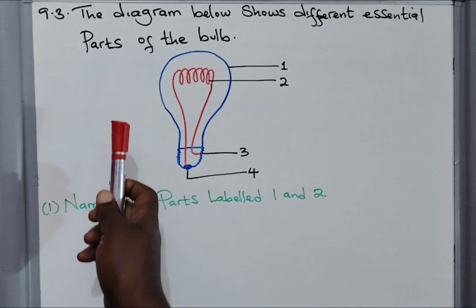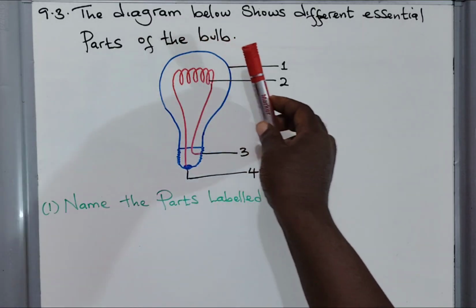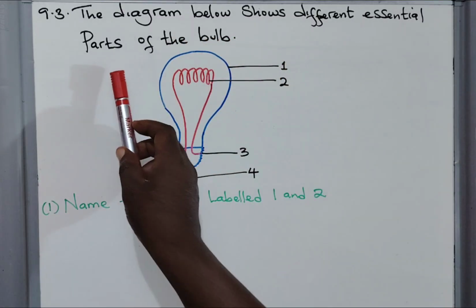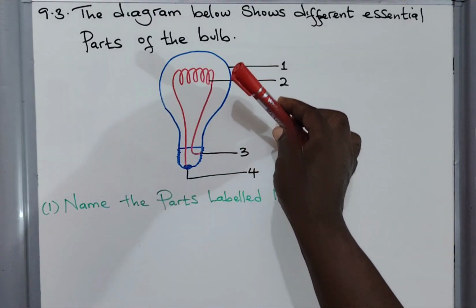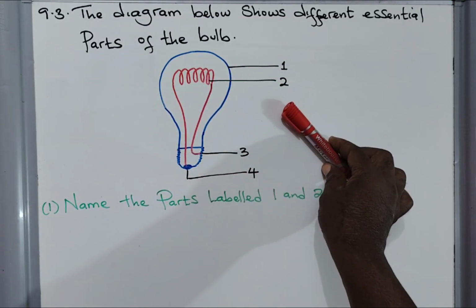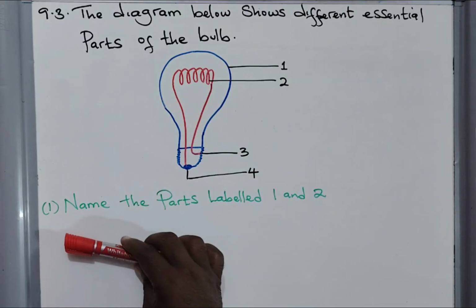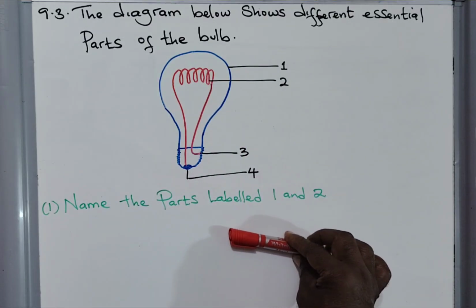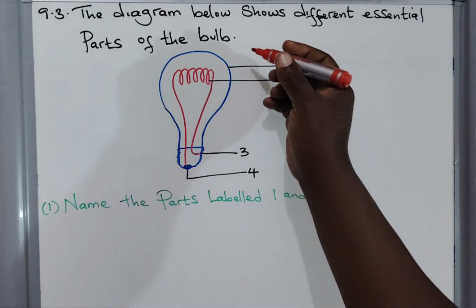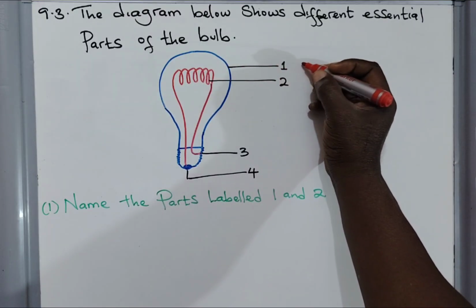So we come to this one. It says that the diagram below shows different essential parts of the bulb. This is what we have: an incandescent bulb. The question says, name the parts labeled 1 and 2. What is 1? One is the glass bulb.